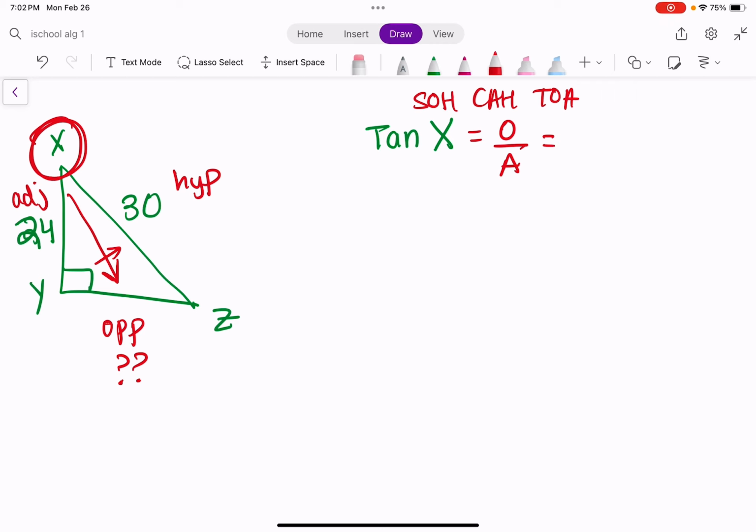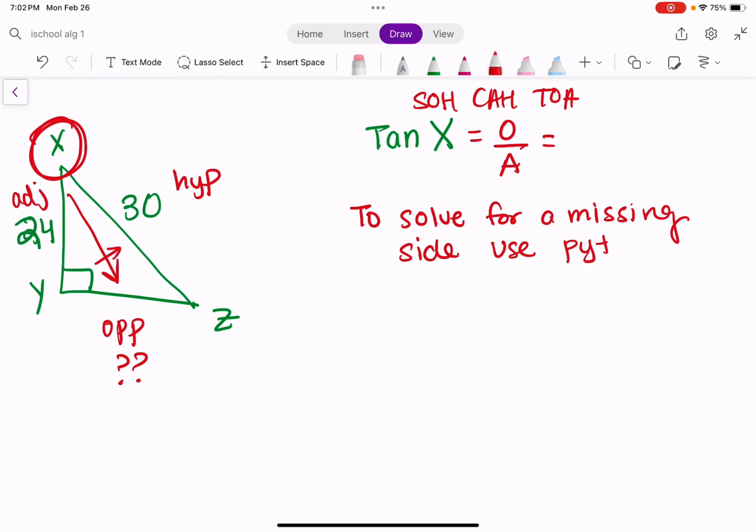So when we need to solve for a missing side, I'm going to write this here, to solve for a missing side, use Pythag, okay? And remember, Pythag is a squared plus b squared equals c squared. And the biggest thing to remember is c is always a hypotenuse.